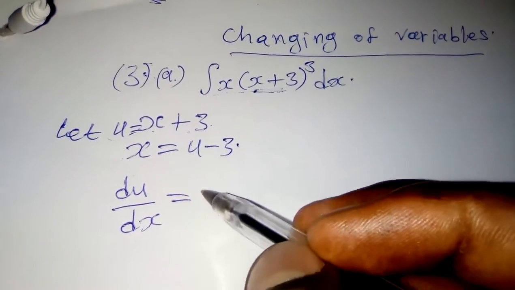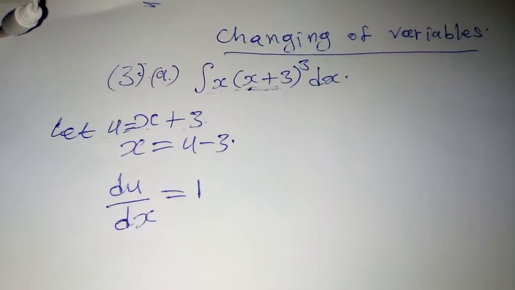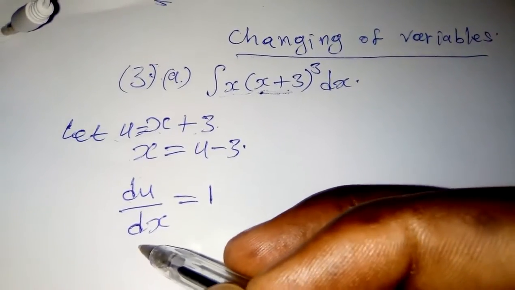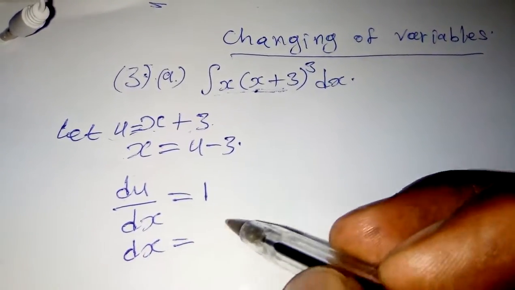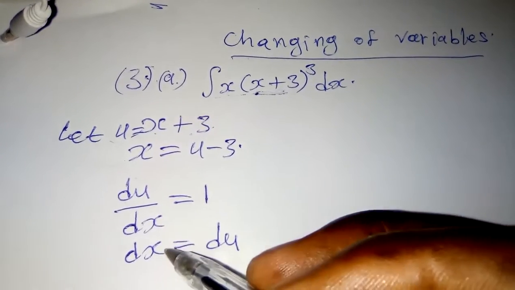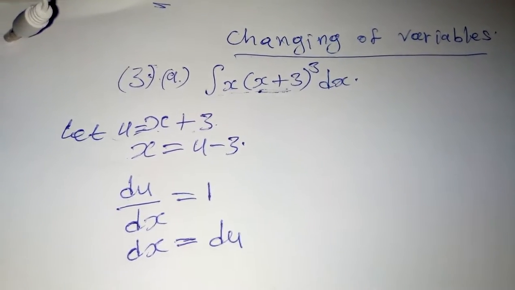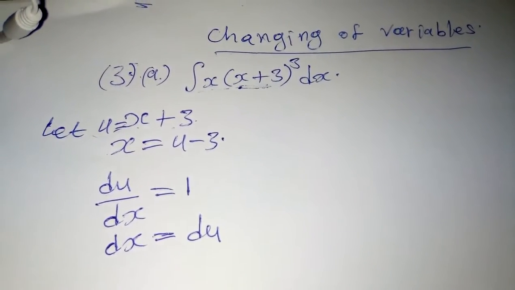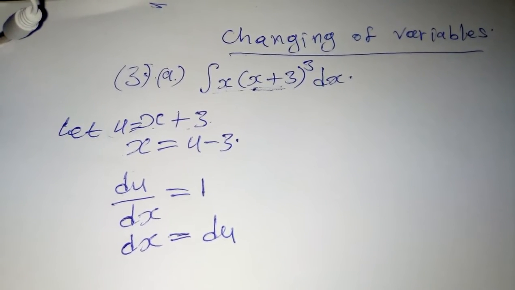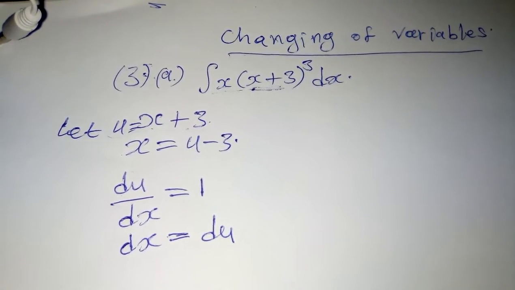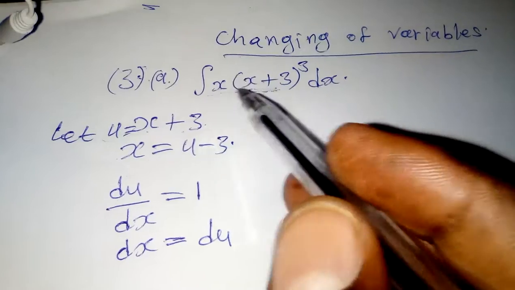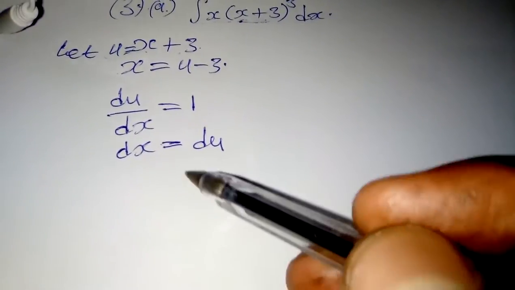So du dx is just going to be 1. When I cross multiply there, you can see that my dx will be nothing but equal to du.